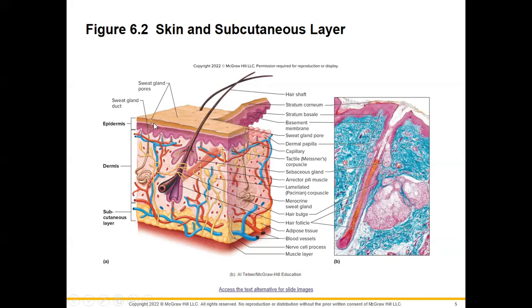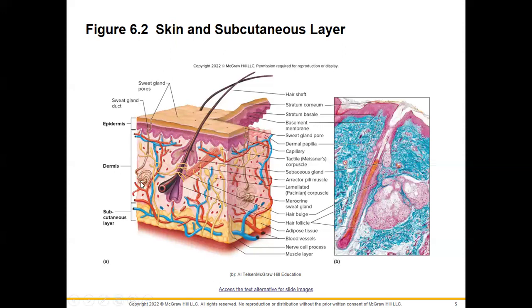So all of that is considered your epidermis. It's going to be sitting on this basement membrane, and this basement membrane is not uniform all the way through. So keep in mind that the basement membrane is not going to be a straight structure. It's going to be layered, and it has different heights and depths, depending on where it is.